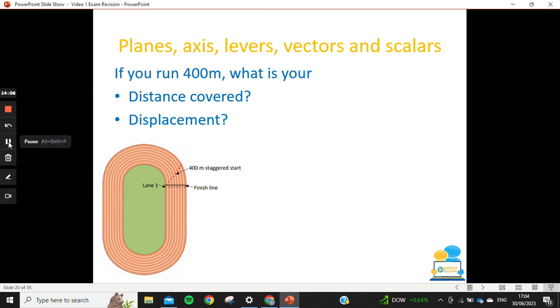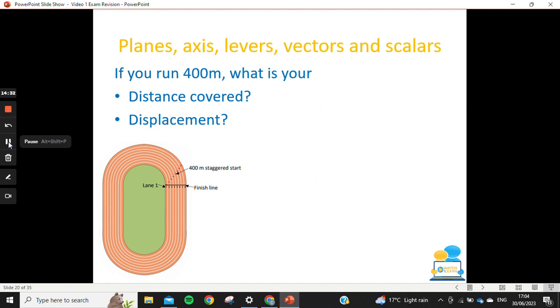Just as a little test midway through this lesson, I'm going to ask a question based on the run track you can see below here. If you run 400 meters around this track on the inside lane, what is your distance covered and what is your displacement?